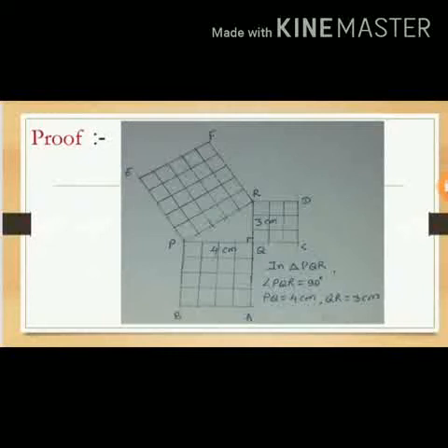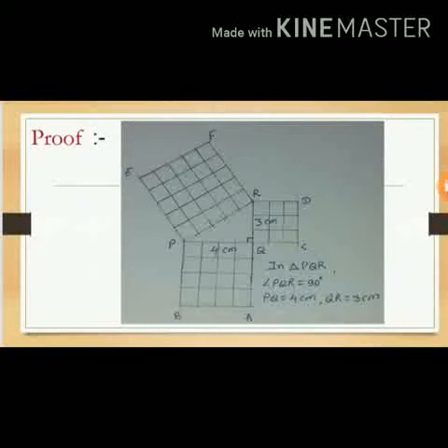Now, observe the figure. Each square is divided into equal small squares. The square drawn on side PQ is divided into 16 equal parts. The square drawn on side QR is divided into 9 equal parts and the square drawn on the hypotenuse is divided into 25 equal parts.